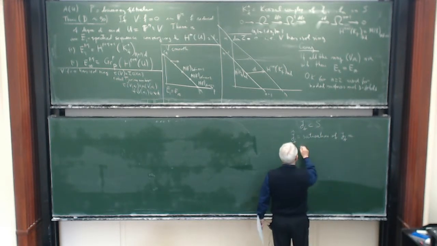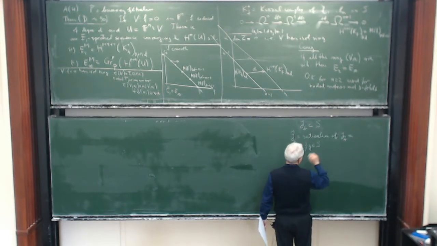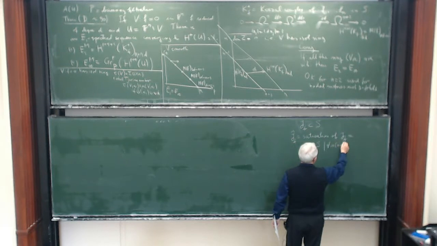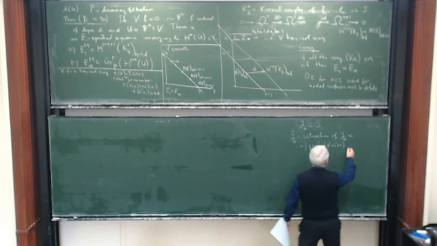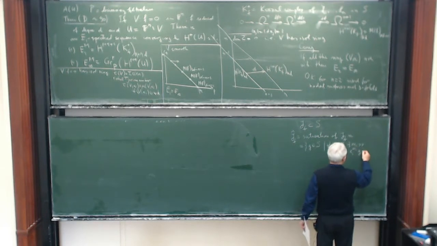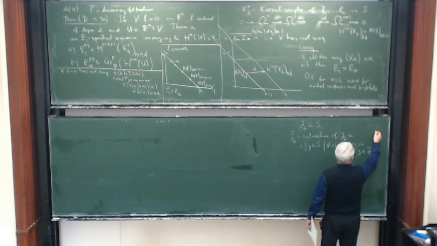And by definition, this means the set of all polynomials g in S such that for any i between 0 and n, there exists some positive power m_i such that x_i to the m_i times g belongs to the Jacobian ideal.